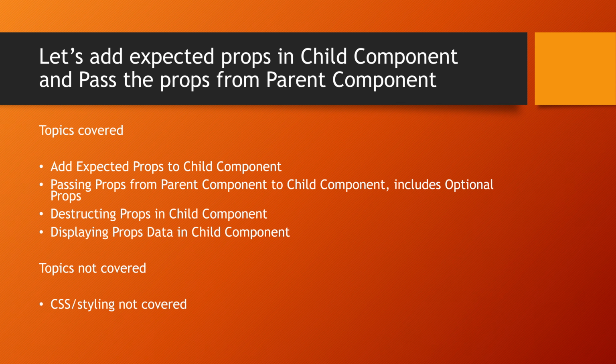Now let's see how to add expected props in child component, and we'll also see how to pass these props from parent component to child component. So this is like passing data from parent to child. We'll see how to destructure the props, and we'll also see how to display them. We are still not covering the CSS part.